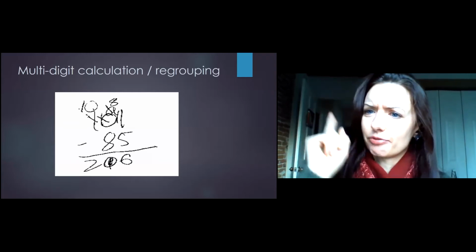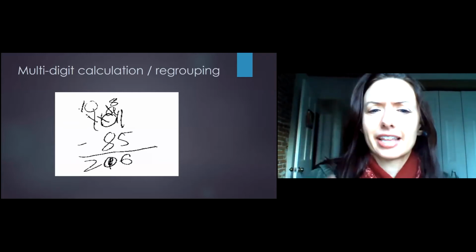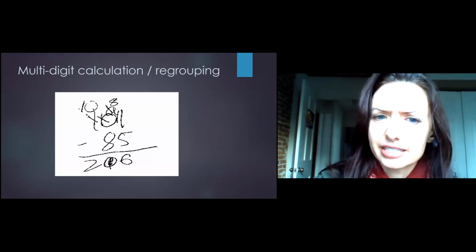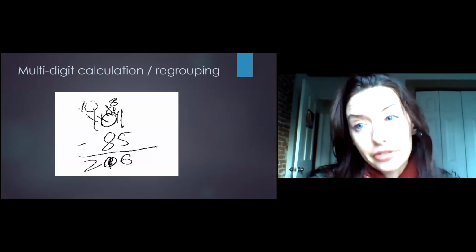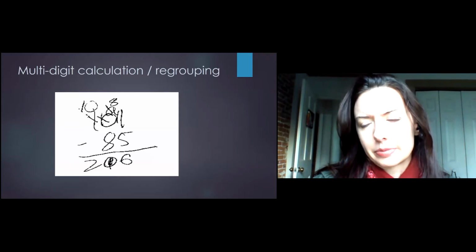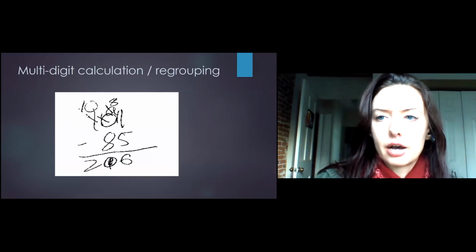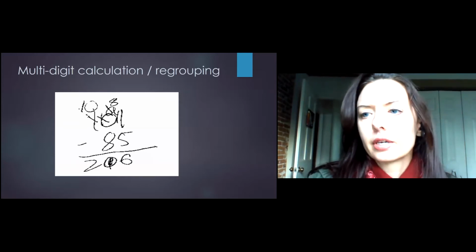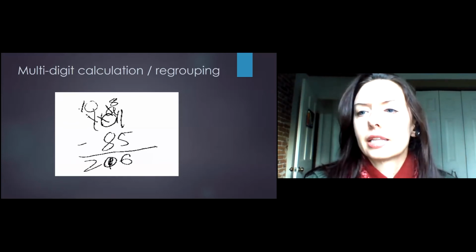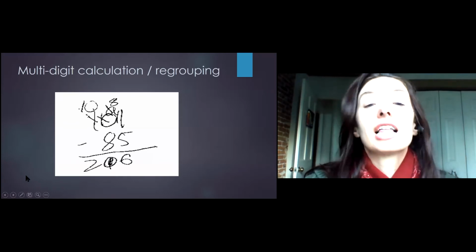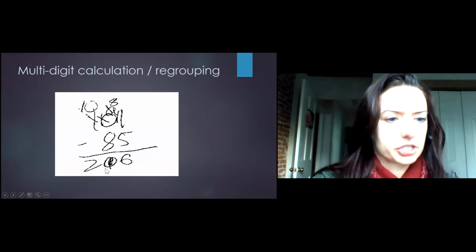That should set off warning signs, bells in their head, like, wait a minute, that doesn't make sense. And so that's another thing I see in students with math learning disabilities, this lack of self-monitoring.